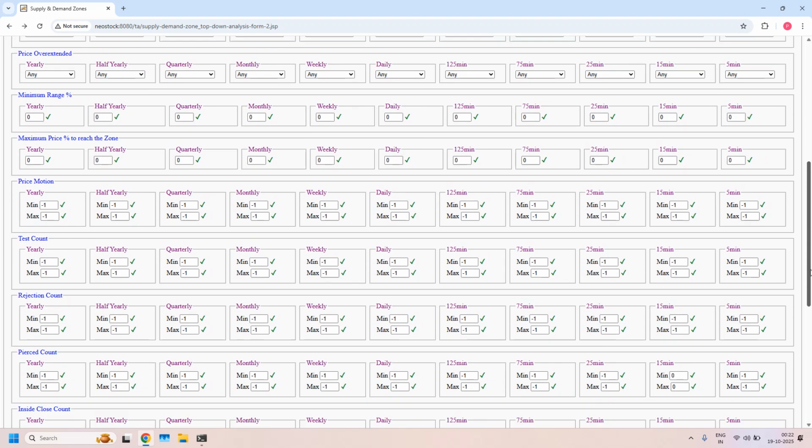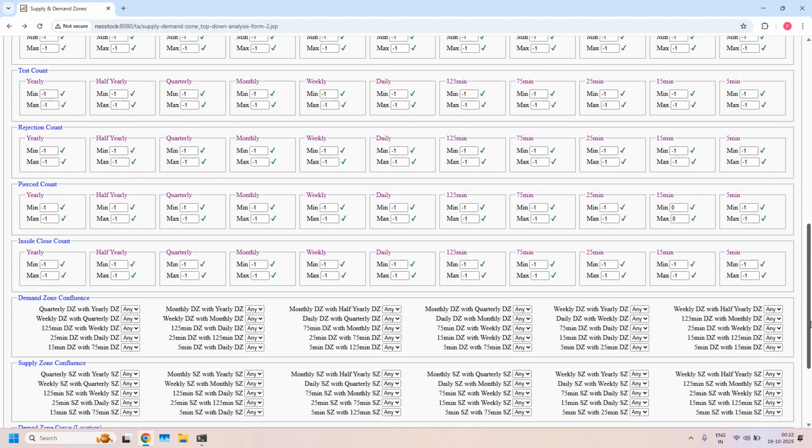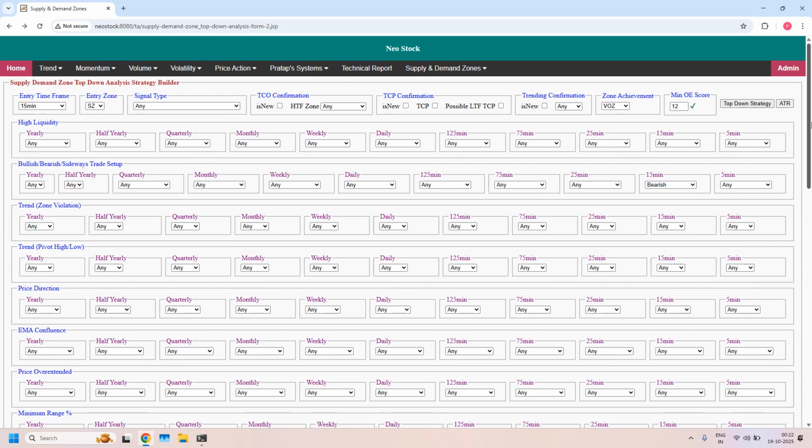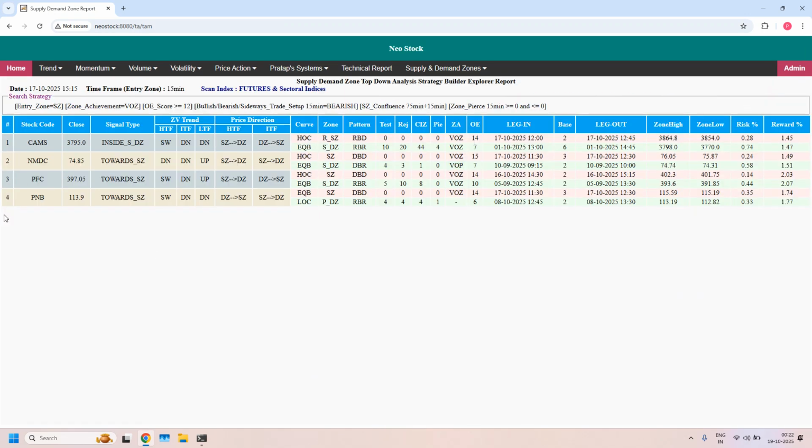So the first filter is LTF and ITF supply zone confluence, that is 15-minute and 75-minute supply zone confluence. The filter is enabled, and based on this filter we got 4 stocks. All these 15-minute supply zones overlapped with the 75-minute supply zone, and the 75-minute ITF trend is downtrend.